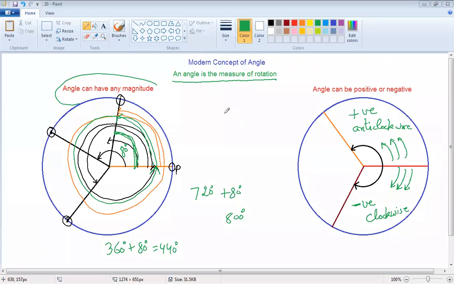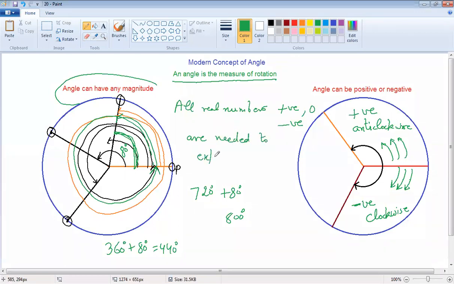So all real numbers, whether positive, zero, or negative, are needed to express angle, the measure of angle, you can say, express the measure of angle.